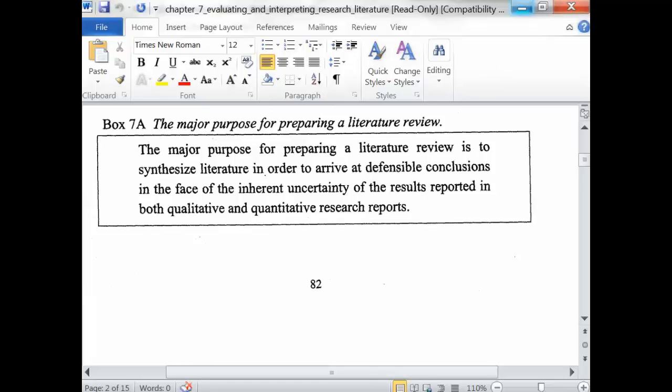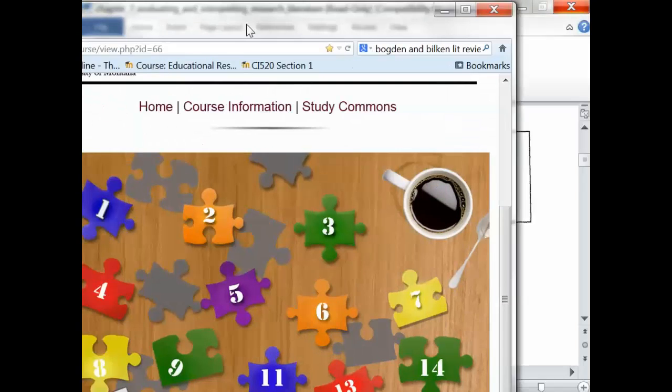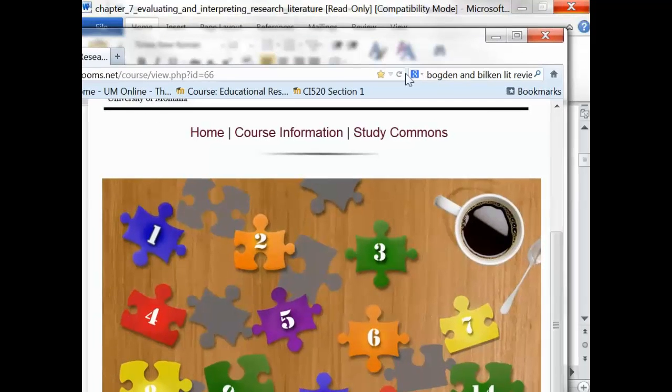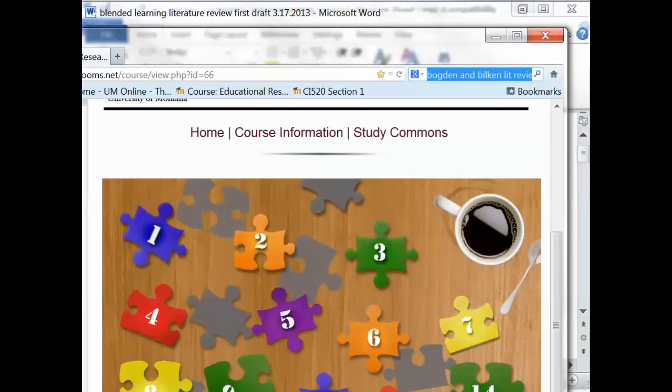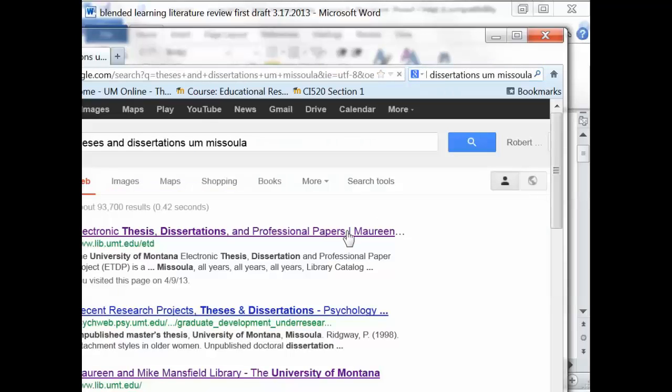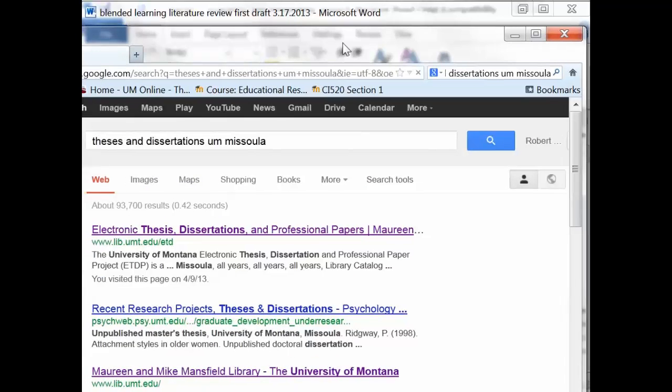I think probably the easiest way to do that is just to Google it. Theses and dissertations Missoula. You could do it through the library, but this one works pretty well. And then there it is, electronic theses and dissertations.